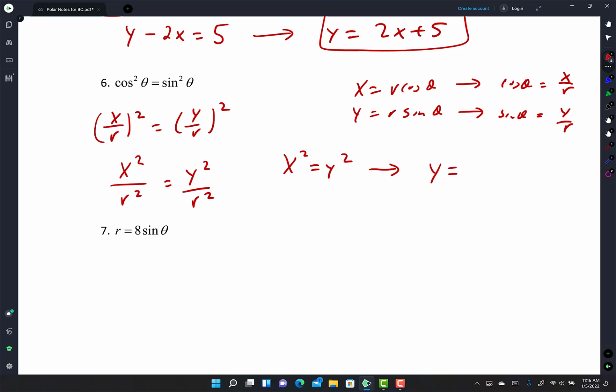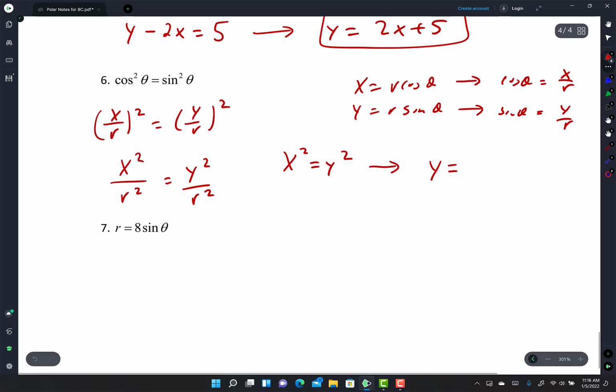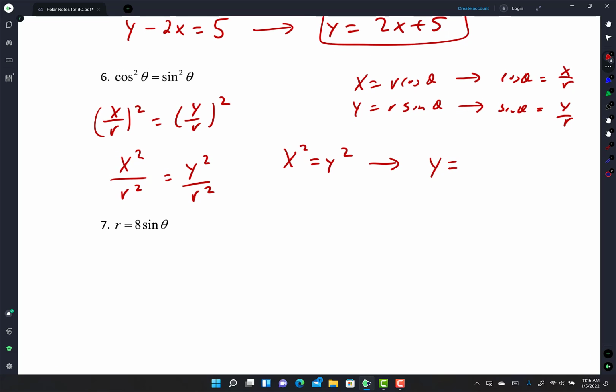What's the square root of 9? It's not just 3. Positive, negative. Plus minus 3. So y equals plus minus x. And that's it. It's just a solution curve on this one.